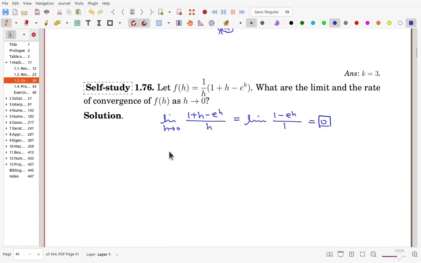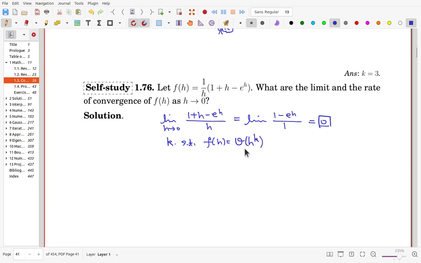Now, the second portion: we have to find the rate of convergence of f of h. It's asking to find the k such that f of h is big O of h to the k.